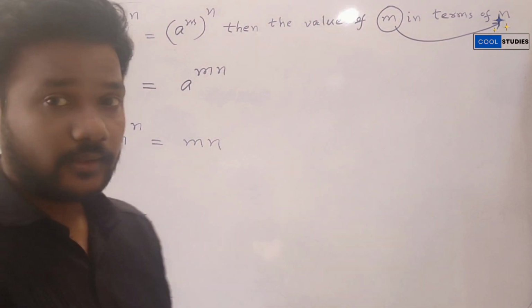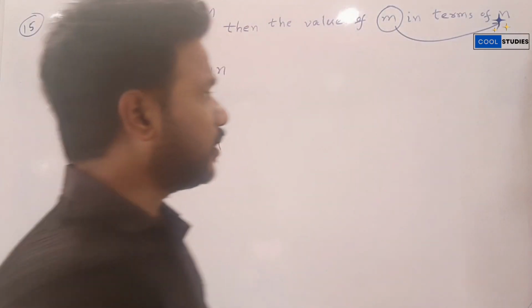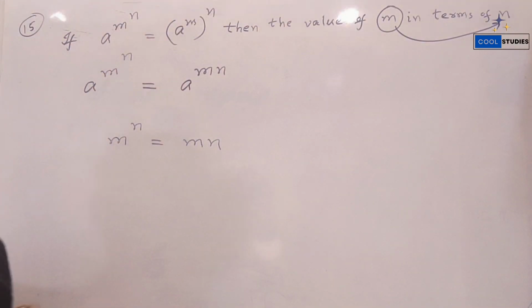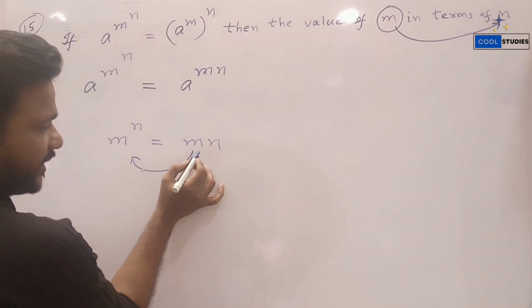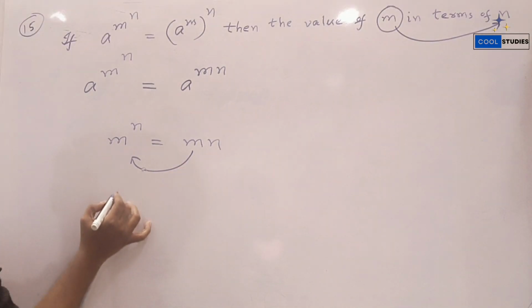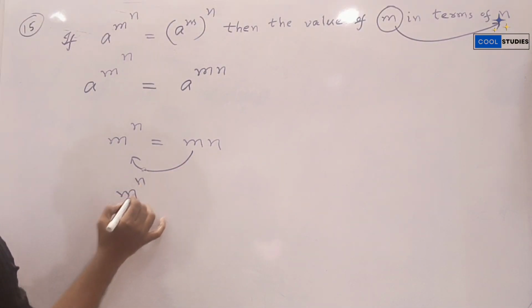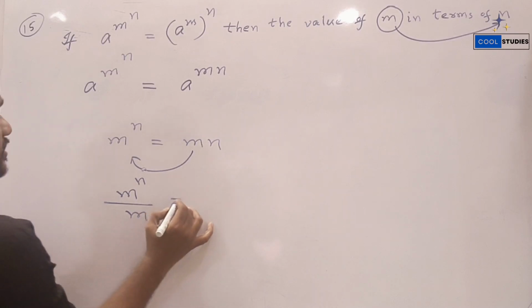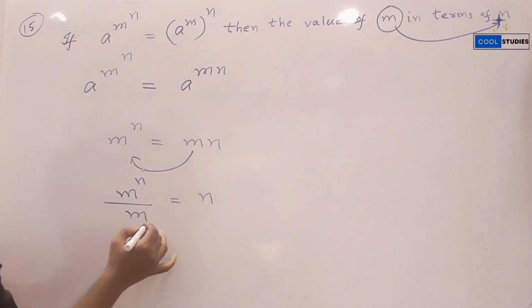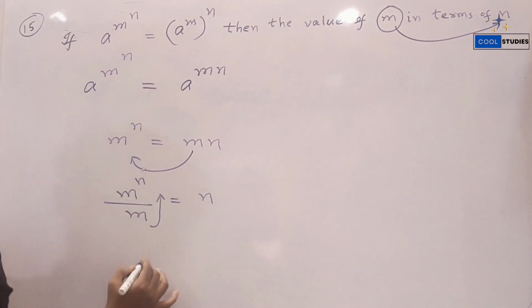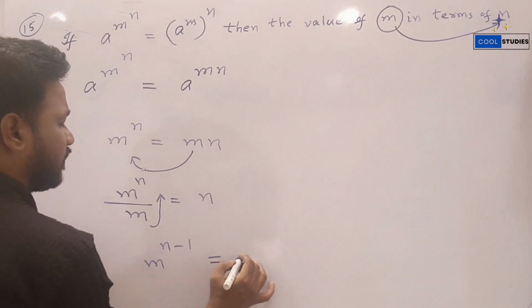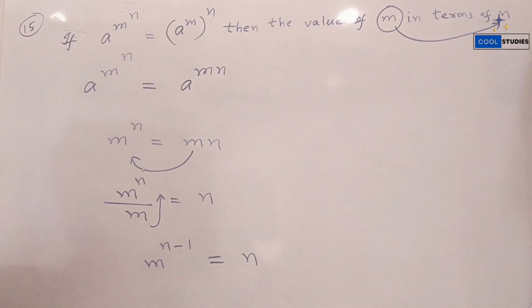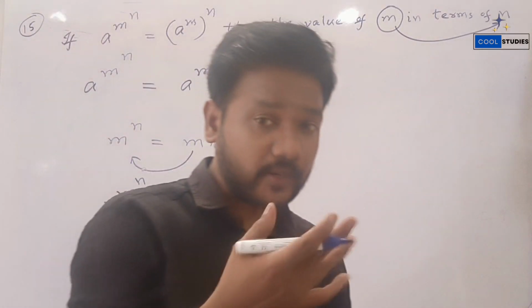Let us transpose m. Here m is in the multiplication part. If it transposes, it becomes division, right? So m power n by m is equal to n. Now m power n minus 1 is equal to n.